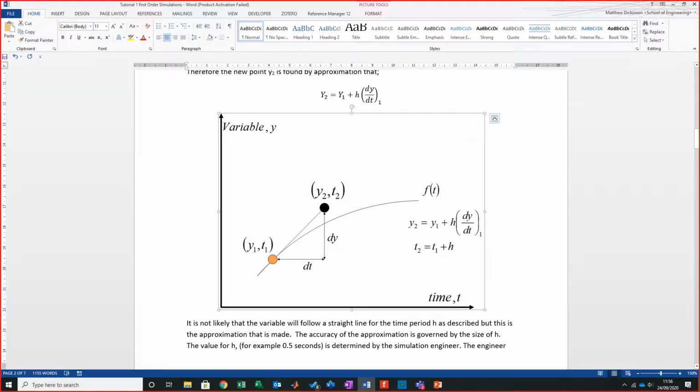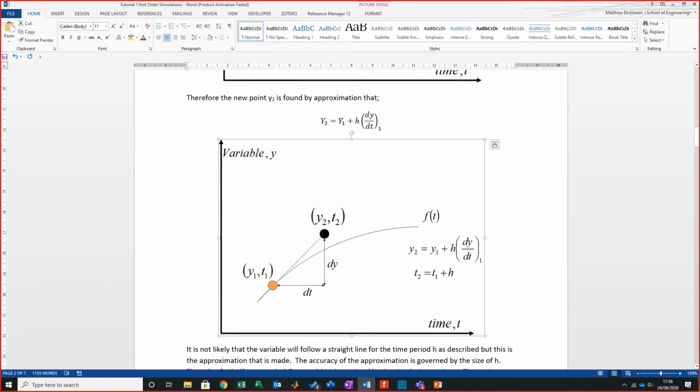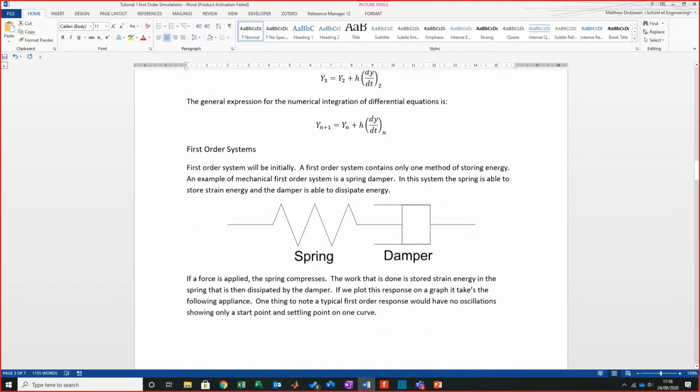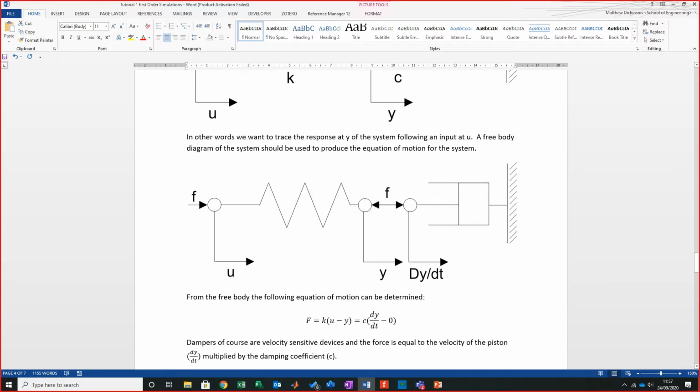This is a very common approach to ideal first order and second order systems. There is a second order example on Blackboard which you're welcome to have a crack at. I put that on there for anybody who's very enthusiastic to have a go at it. Then once we've done that, we can move on to the next predicted state. But in Euler's method, he also presented something which was very good.